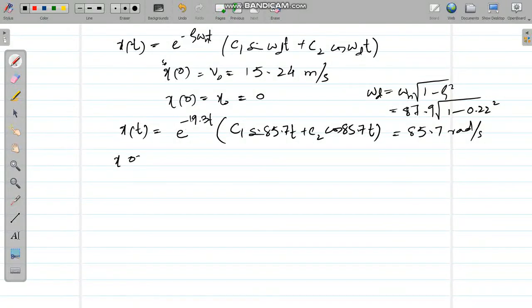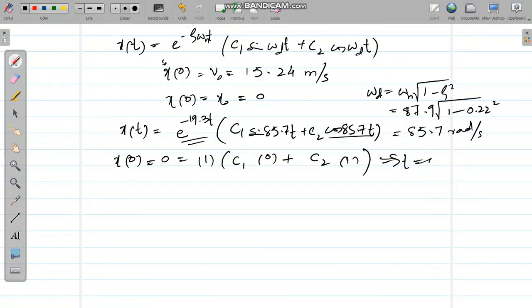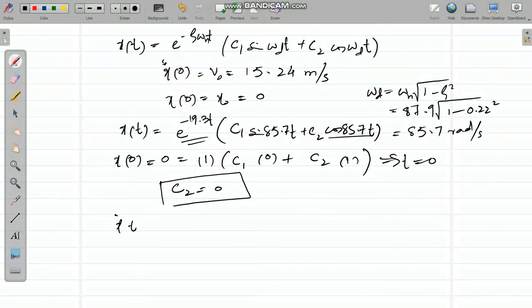Now use first the first initial condition. So x of 0 is equal to 0, so the exponential goes to 1, sine goes to 0, and cos goes to 1. When we put t equal to 0, you get C2 equals 0 from the first equation. For the second condition, you have to take the derivative of this equation, using the product rule.